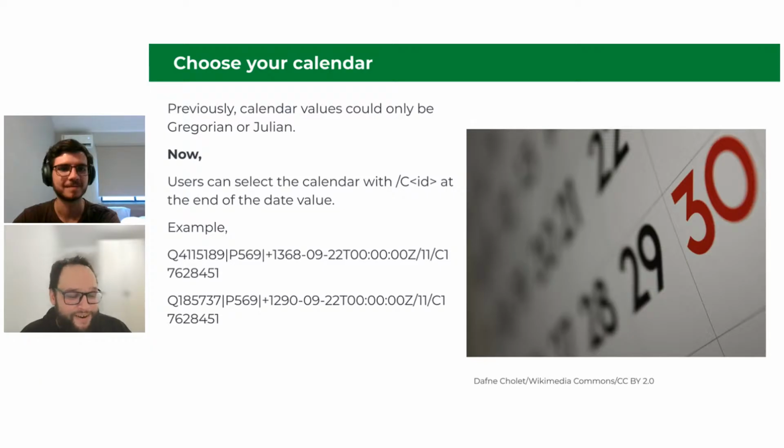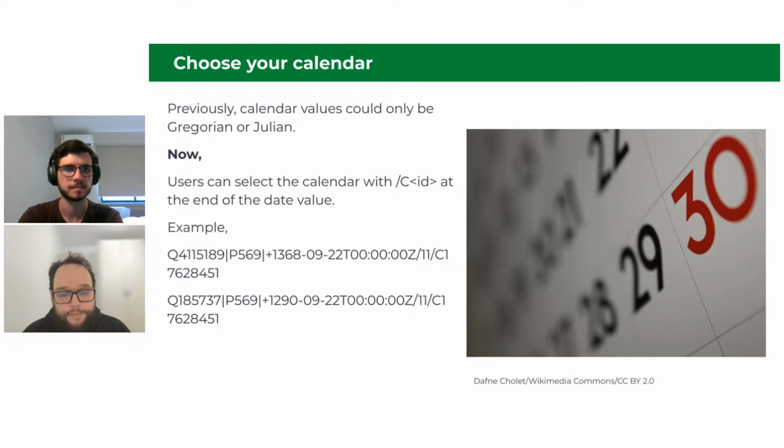And people reacted. They were a little bit shocked by that information. We have the date of birth of someone on Wikidata, even if it is a fictional character, and we didn't have a way of adding that into Wikidata.